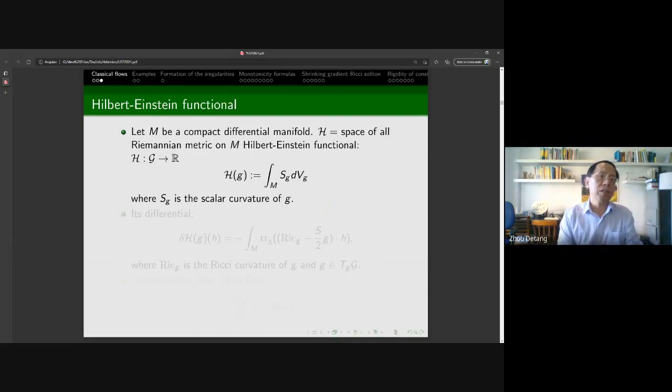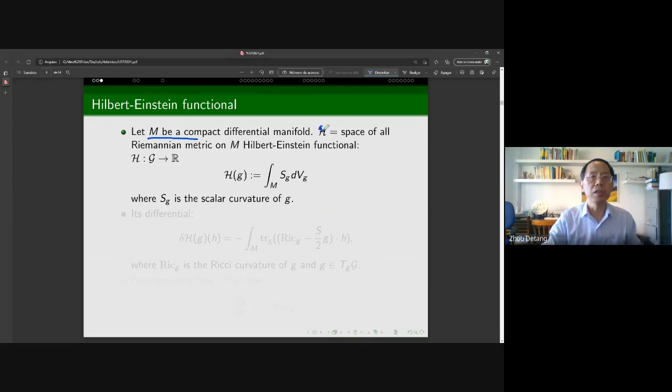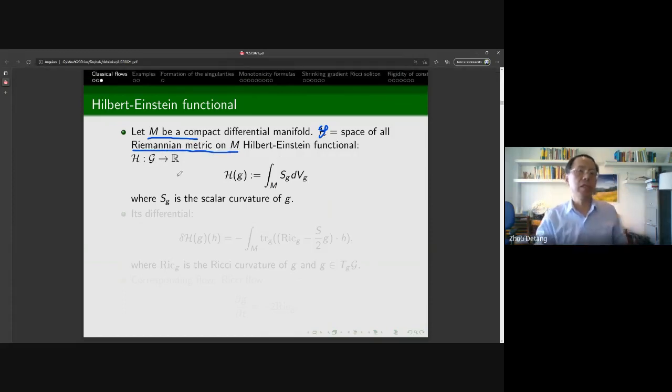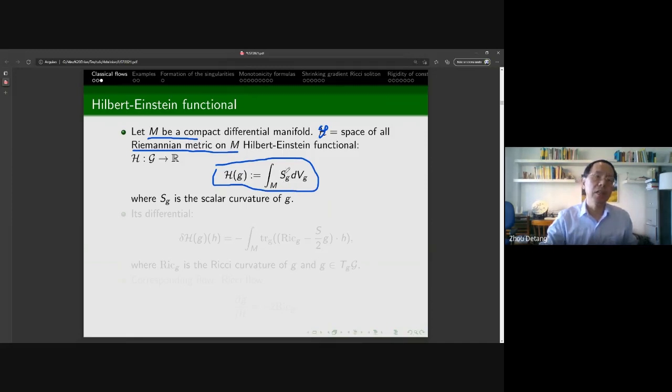So if you look at another functional, which is called here the Einstein functional, you start with a compact differential manifold M. G is the space of all the Riemannian metrics on M. So here the Einstein functional is just the total scalar curvature of this metric, where S is the scalar curvature and the volume form is just the volume form induced by the metric.